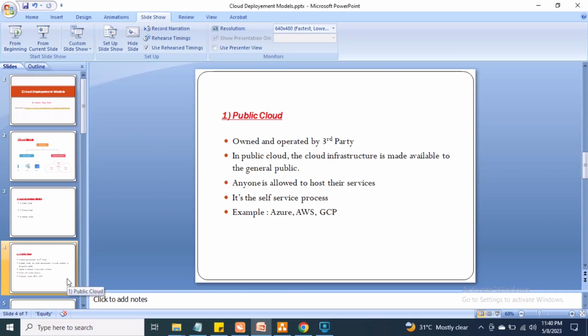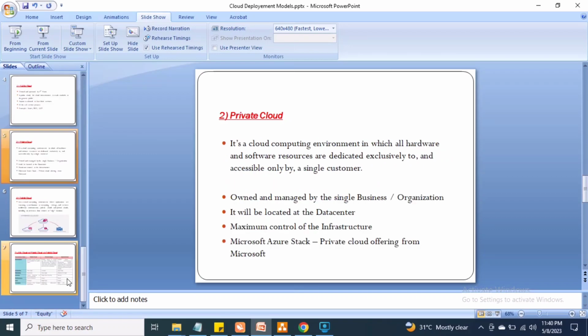Let's go for the private cloud. It's an on-premise cloud. It means if anyone owns a particular data center, it is the environment in which all the hardware and software resources are dedicated exclusively to a single business or organization. It is owned and managed by them.